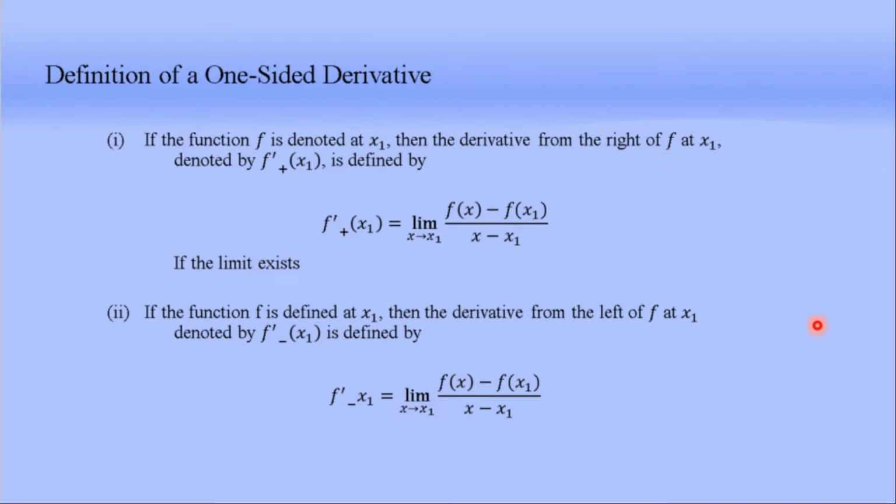If the limit exists from the right, positive, and from the left, negative, then the function is differentiable and continuous. Again, if a function's limit exists from the right and the left, the given function is differentiable and continuous. So this is the formula for finding the limit of the derivative of a function.